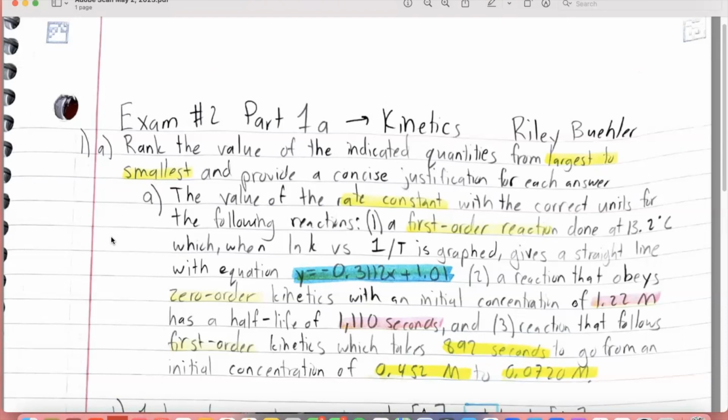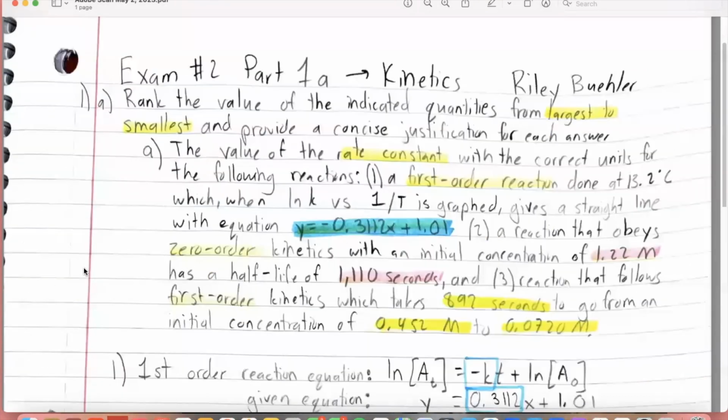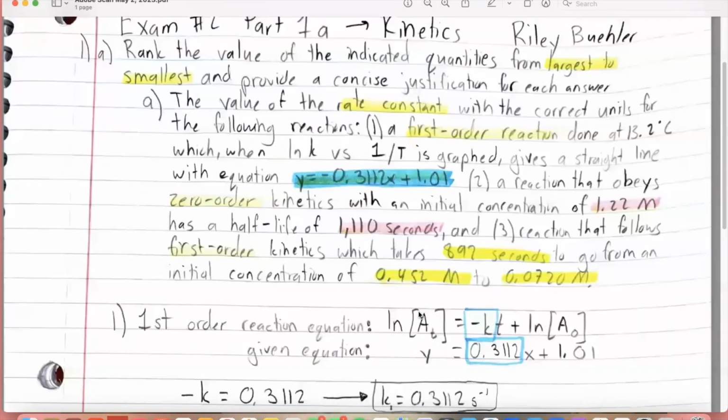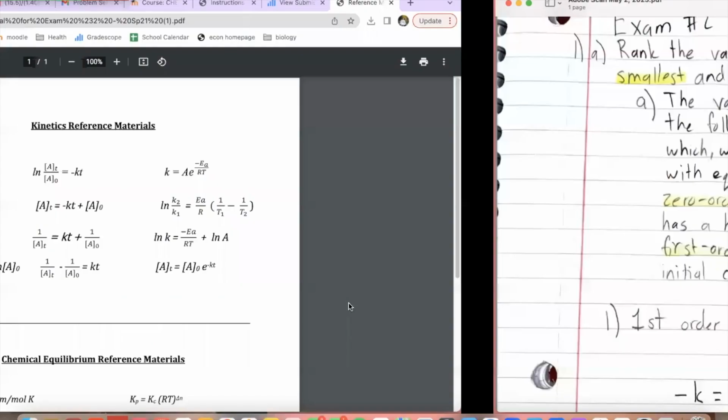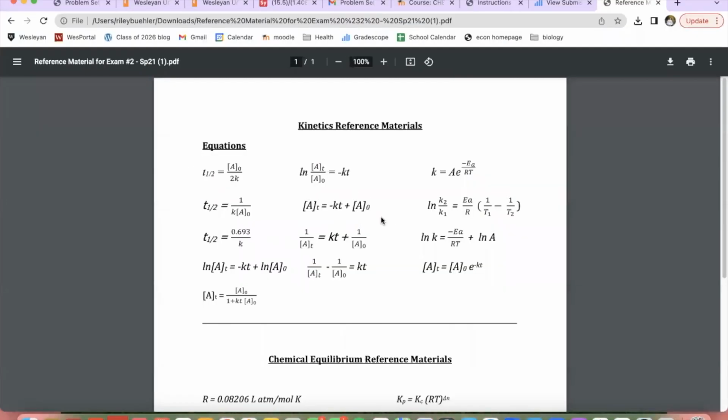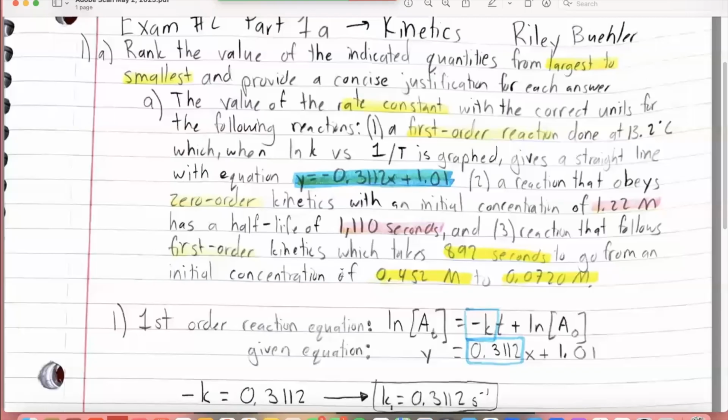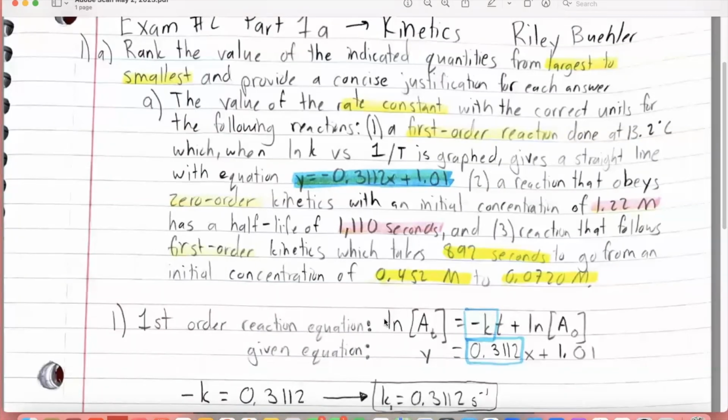And we know when ln k versus 1 over t is graphed, this will give us a y equals mx plus b equation in this format. And this can also be found on the reference material right here. And we know that this relates to first order kinetics. So if we have this form of the equation and we're given this equation, I've identified where the k values will mirror each other, highlighted in blue.